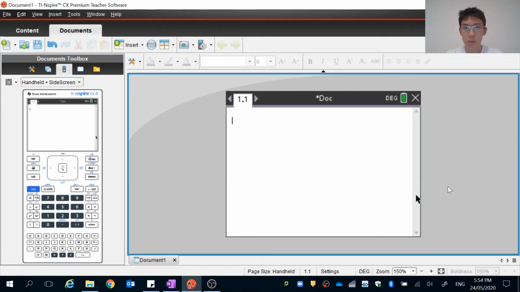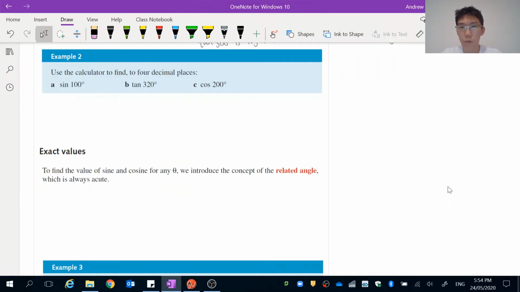So sine 100, make sure your angle is in brackets. Sine 100 is 0.9848. These are all approximations, by the way.